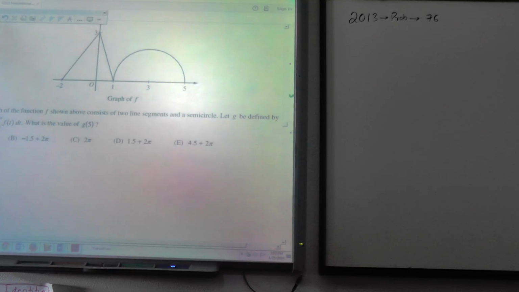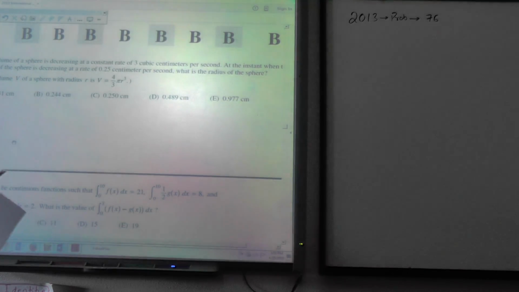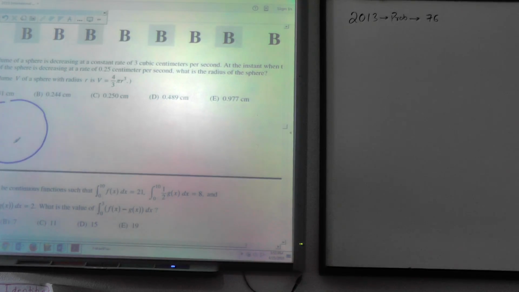Let's take another one. Next one, read the question for 2 minutes. There is a sphere, and it looks this way. There is a radius here.